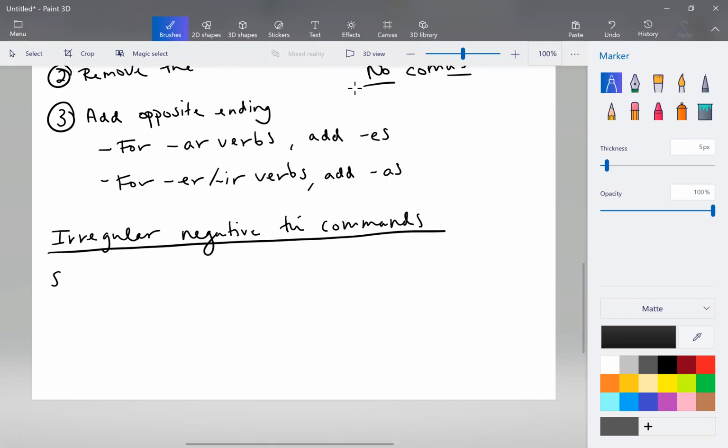So we had ser, ir, estar, dar, and saber.